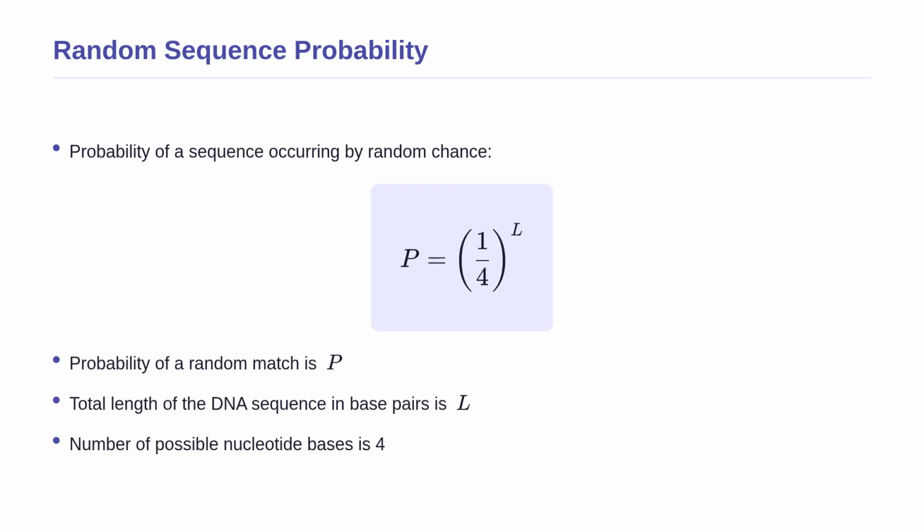The variable L represents the total length of the DNA sequence we are searching for, measured in base pairs. Conceptually, this formula assumes each position in the sequence is independent. As the sequence length L increases, the probability p decreases exponentially. This means it becomes incredibly rare to find long matching sequences by pure chance.